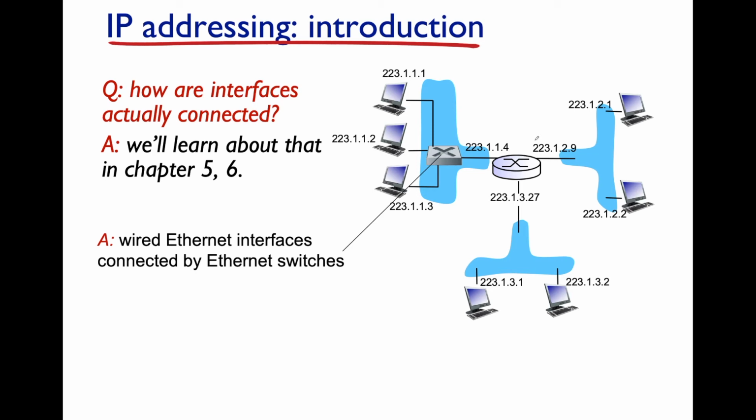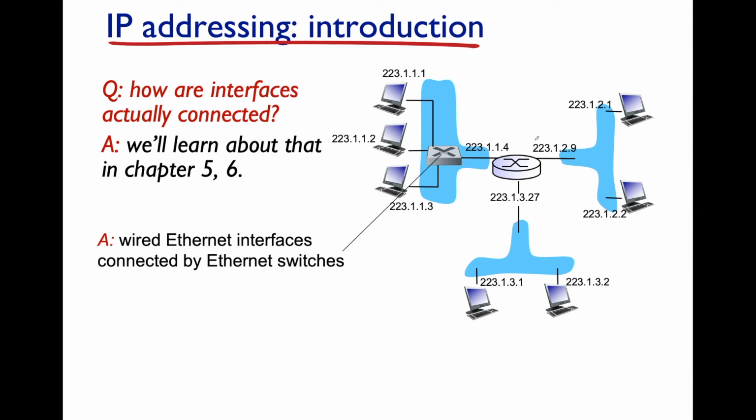The switch only traffics in the physical layer and the link layer, and therefore is often called in literature a so-called layer 2 device. And so you have wired Ethernet connections connected together, and they can pass one another datagrams without the router storing and forwarding.